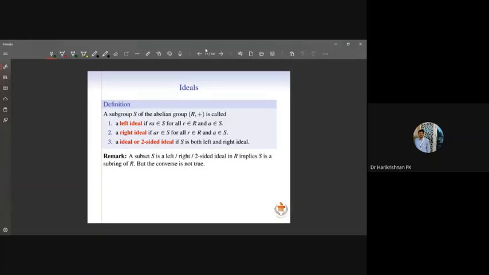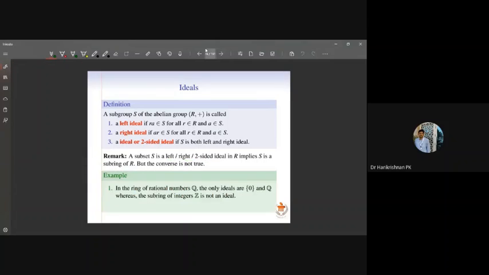If you take any subset which is a left, right or two-sided ideal, then immediately you can see that the ideal is a subring of R. If a subset S is a left, right or two-sided ideal in the underlying ring R, you can observe that it is a subring of R. But the converse is not true. Why is the converse not true? Take this example: the ring of rational numbers.